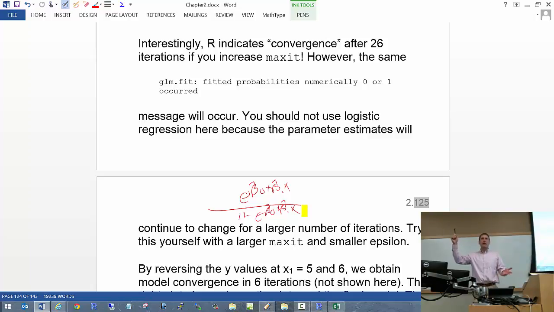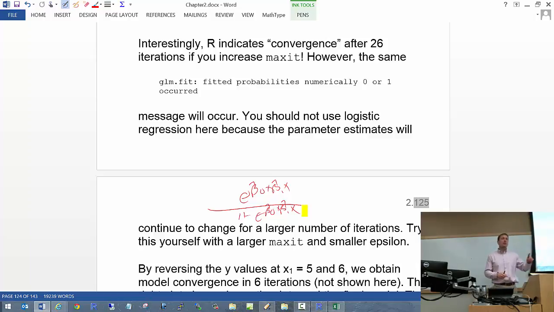Next time's 0.999. Next time's 0.9999, and so on. And so because of that, your residual deviance itself is not going to change a whole lot. That's why R is saying convergence, even though your beta hats themselves had not converged.